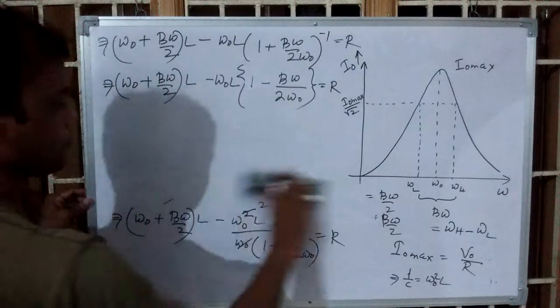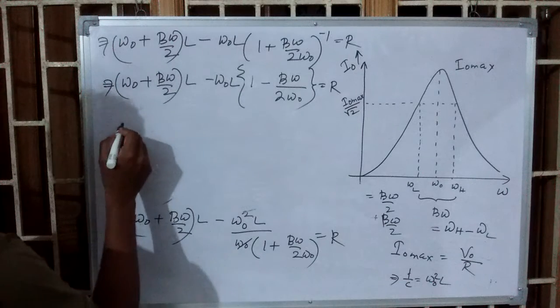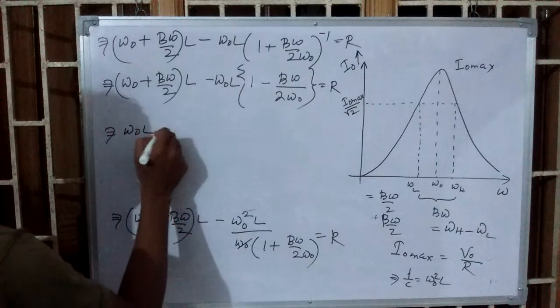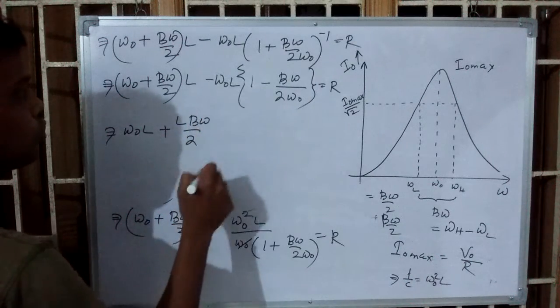Now open this: omega naught L plus L into bandwidth by 2.